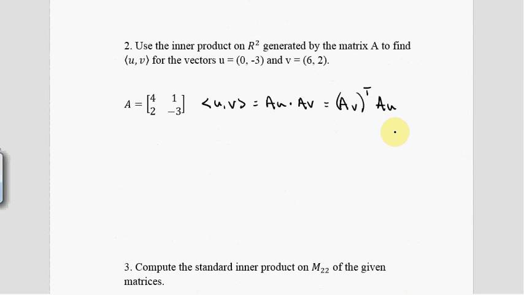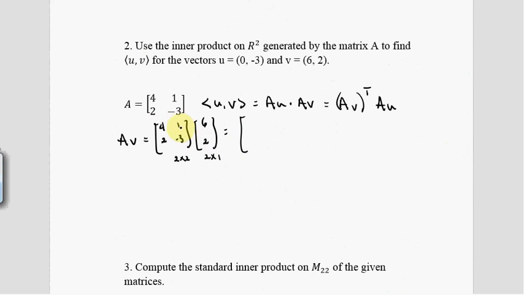So we have to find A times V, and then we have to find A times U. So first, A times V. Here the vector V is 6, 2. So this is a 2 by 2, this is a 2 by 1. So the result would look like the vector V standing up. It'll be another 2 by 1.